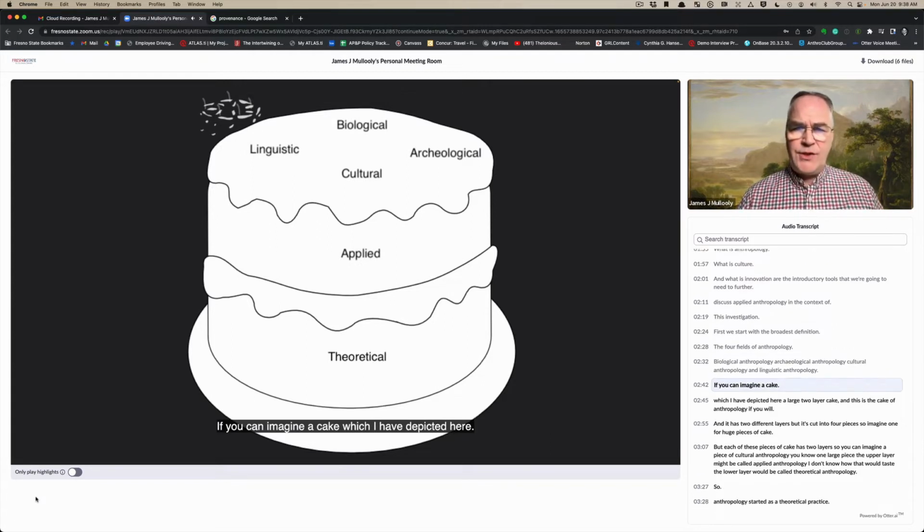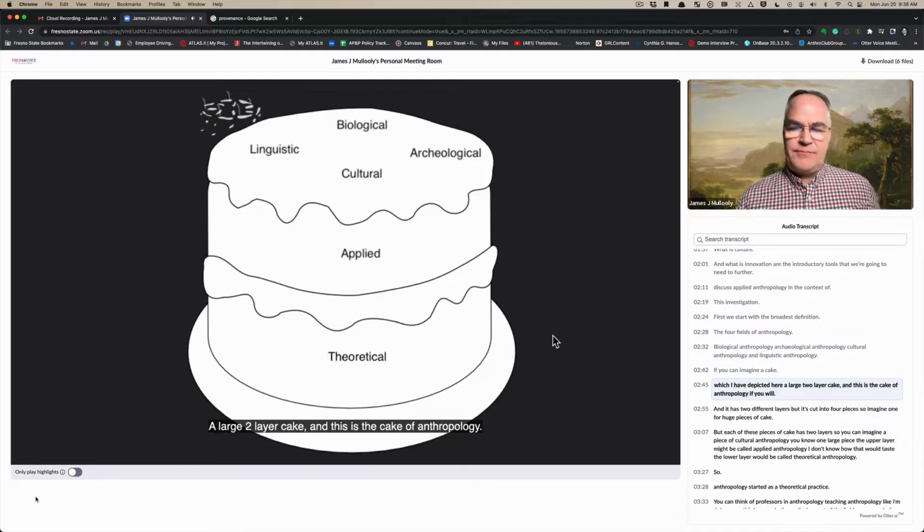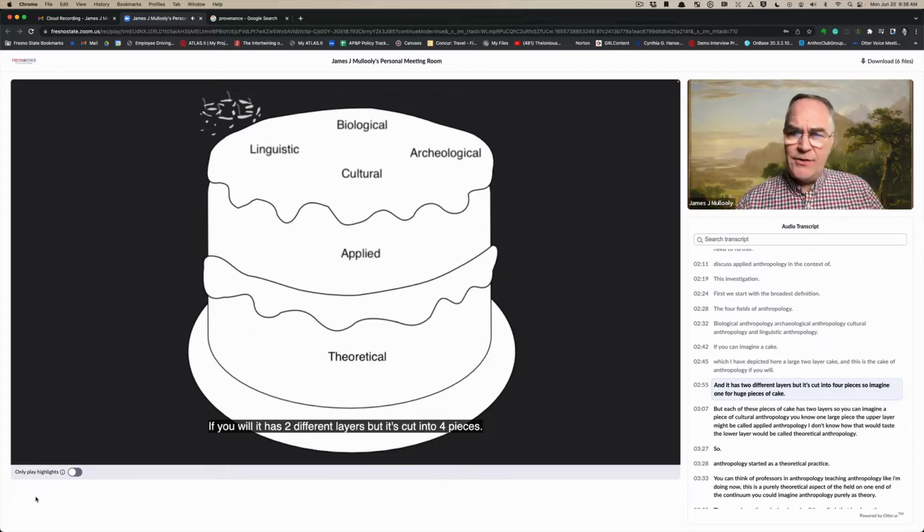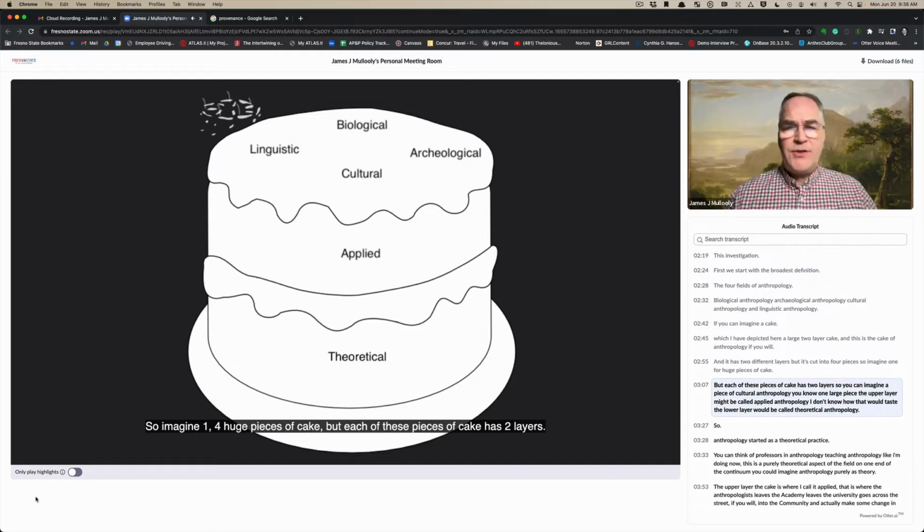If you can imagine a cake, which I have depicted here, a large two-layer cake, and this is the cake of anthropology, if you will. And it has two different layers, but it's cut into four pieces. So imagine four huge pieces of cake. But each of these pieces of cake has two layers.